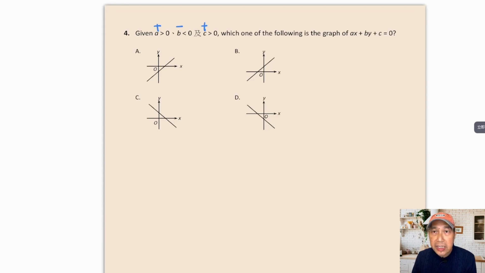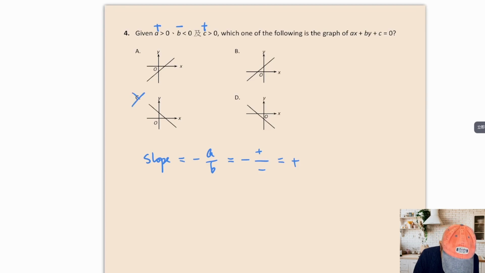Perhaps we consider the slope and y-intercept of the equation. The slope is equal to negative A over B. As just mentioned, A is positive while B is negative, so negative A is negative, B is negative, so the result is positive. So we can cross out C and D.